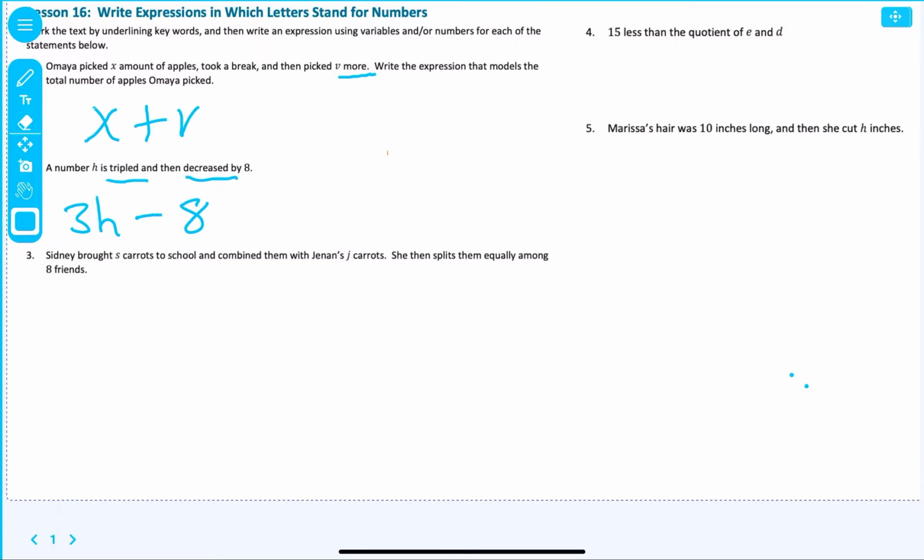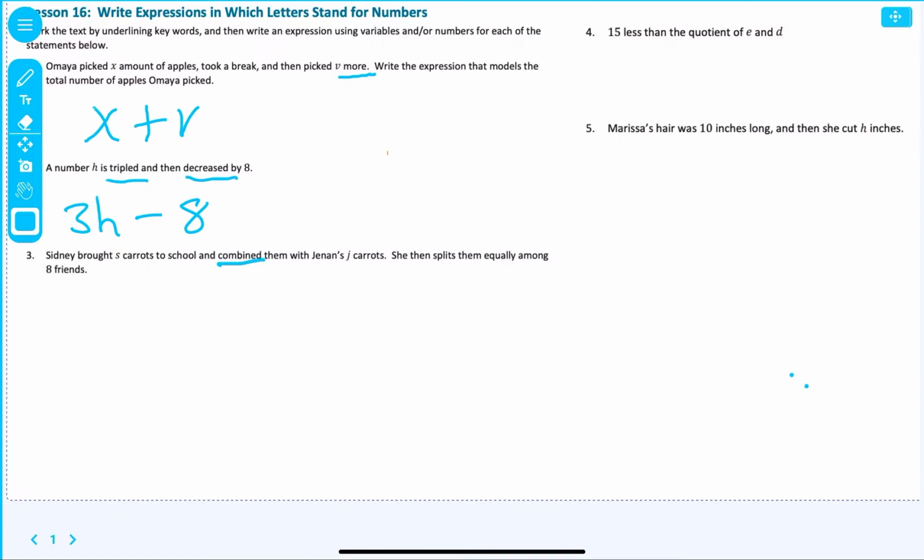We're good? Number 3, Sydney brought S carrots to school. That means a certain amount, not carrots shaped like an S. Okay. And combine them with Jennings J carrots. She split them equally among 8 friends. All right, so what are some words that we need to underline?